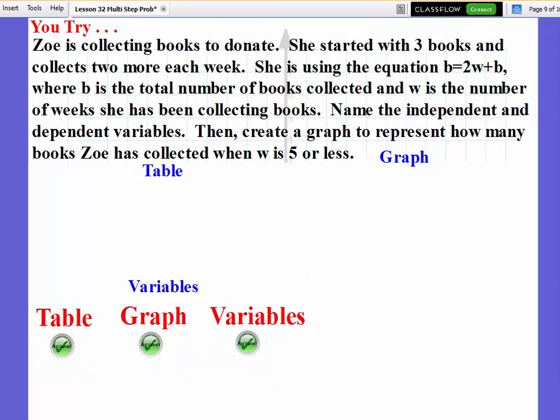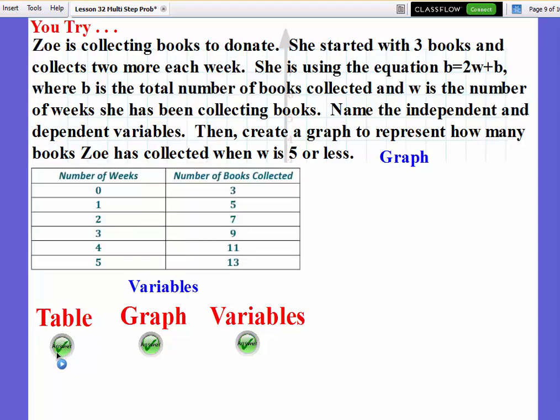So here we go. Our first step is, let's work on that table. Saying she starts with 3 books and she collects 2 more each week. Here's an equation. So I want you to think, how many books does she start with on week 1? Here's our table. She would start with 0 weeks, but she already has those 3 books.